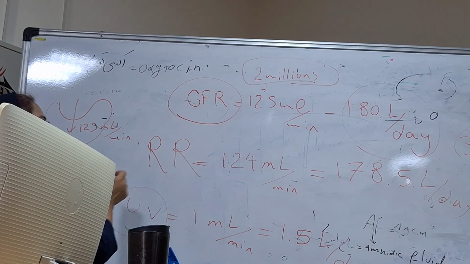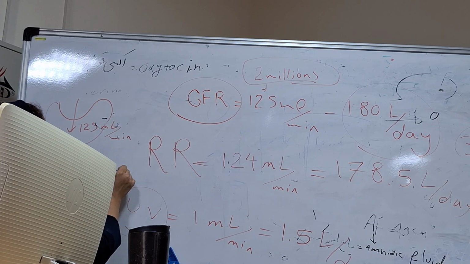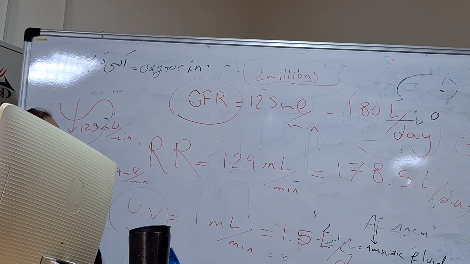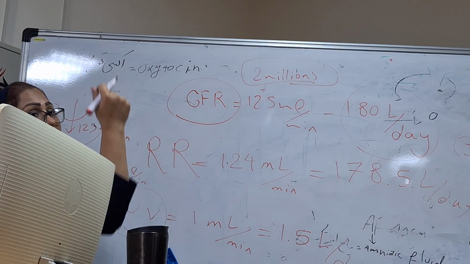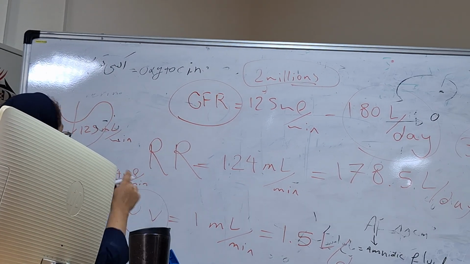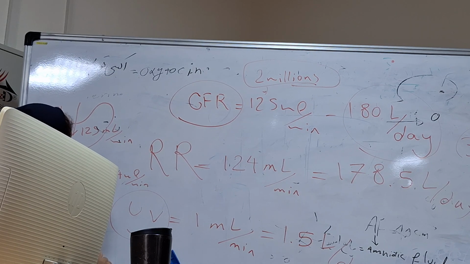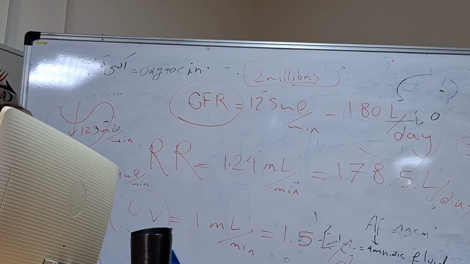In tubes, 124 milliliter per minute is reabsorbed in 2 million nephrons, okay? And just 1 milliliter per minute is urine formation, is urine volume.